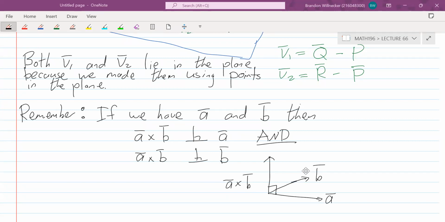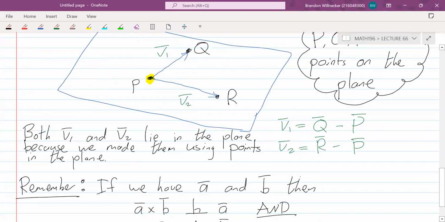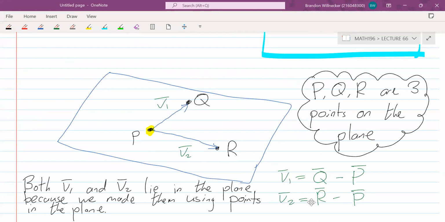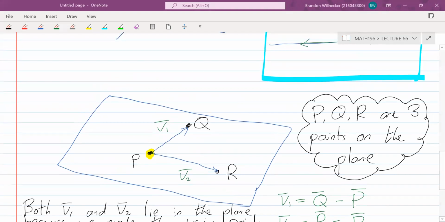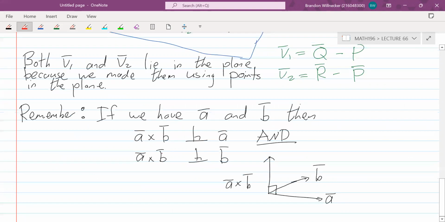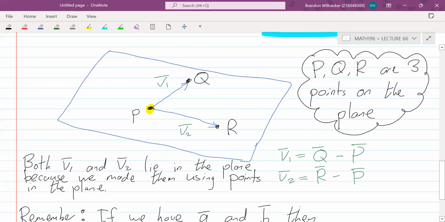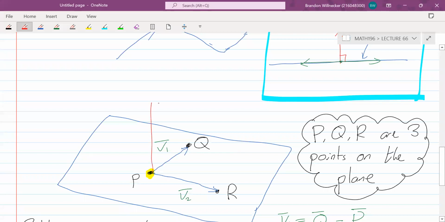Okay, well, that's exactly what we want, because we've got here V1 and V2 lying in the plane, and we want something that is perpendicular to both of them. So we can just take the cross product. So if I do V2 cross V1, then we get a vector like this. Okay, there we go.